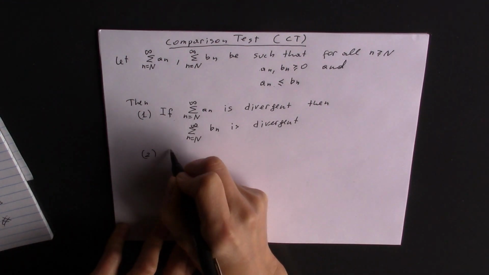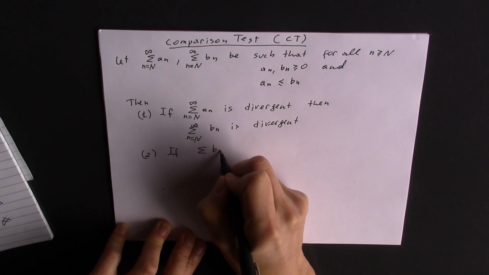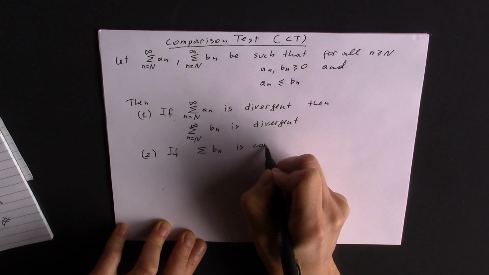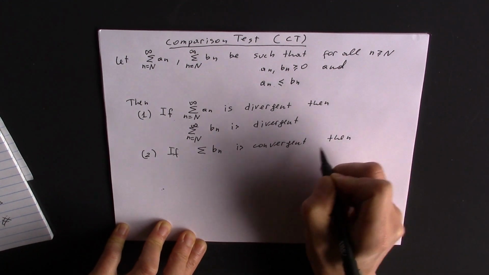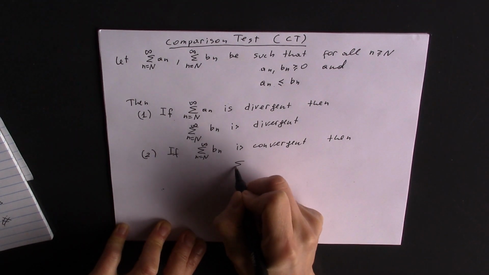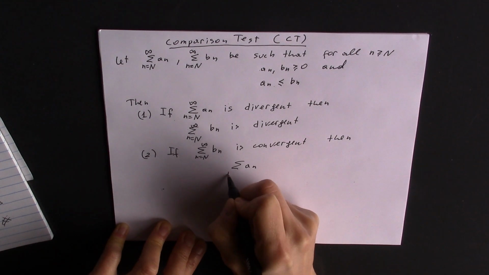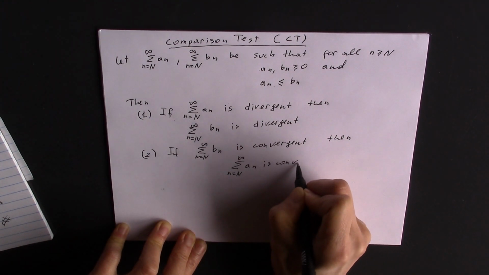Second, if the bigger series is convergent, then the smaller series is convergent.